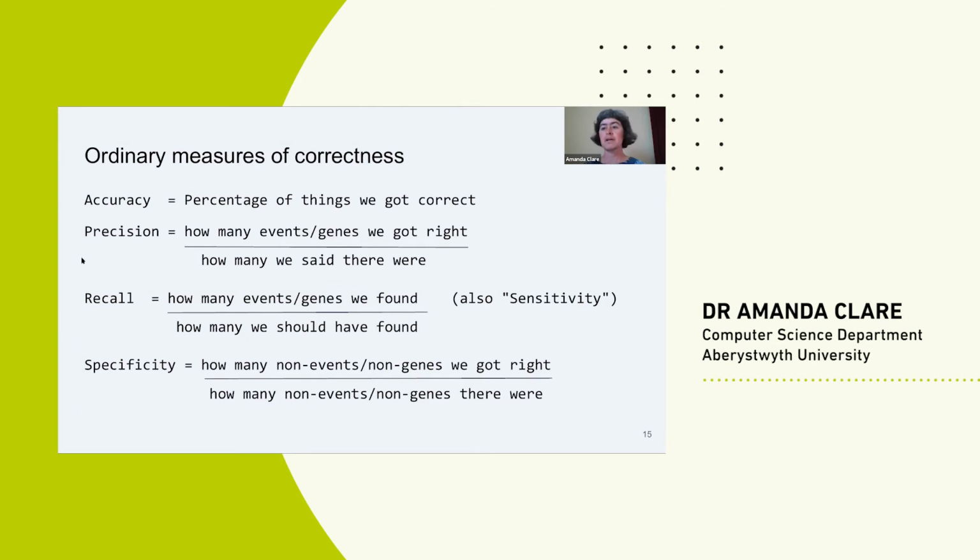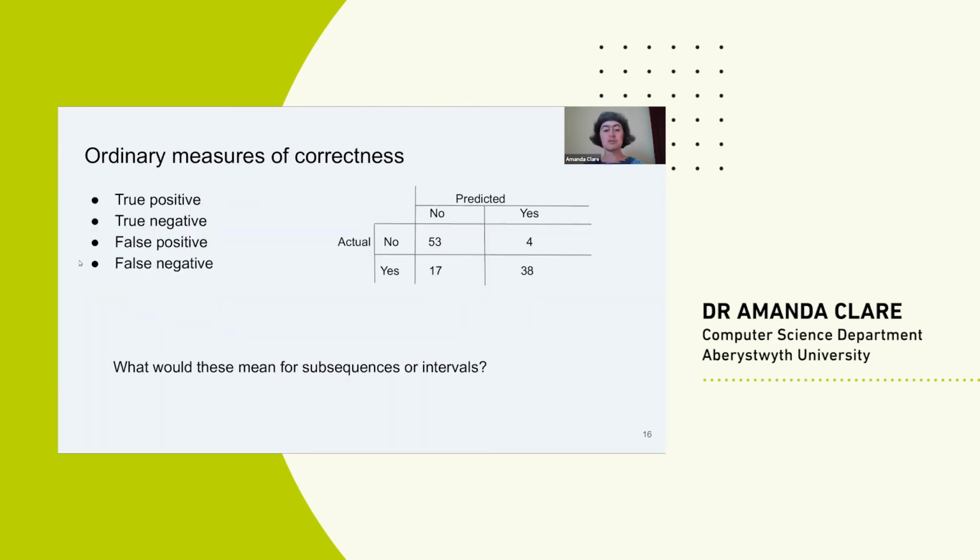And so in order to do those things, we have these concepts of true positives and true negatives, and false positives and false negatives. So true positives were things that we predicted to be correct and actually were correct. So they're in the bottom right-hand corner of this confusion matrix, as it's called here. They're the number 38, where we predicted it to be correct and it actually was correct.